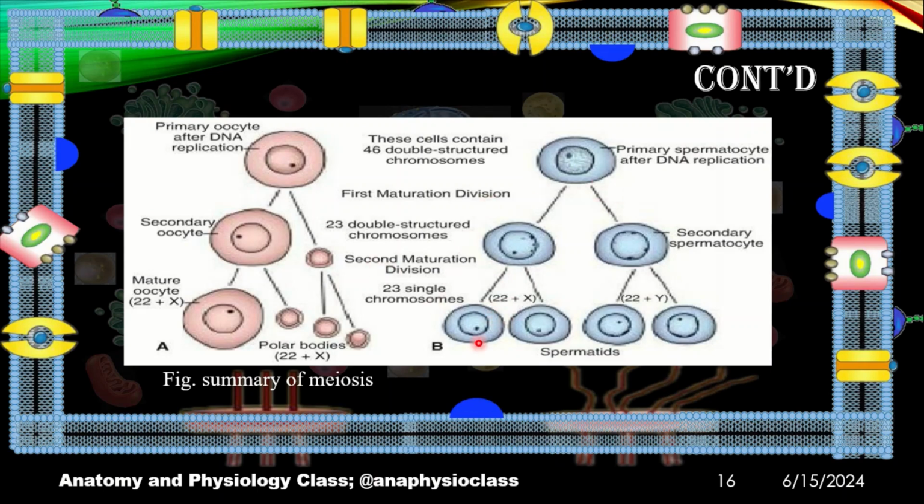So 4 cells with a haploid number of chromosomes are produced in meiosis. This is meiosis 1 and this is meiosis 2.